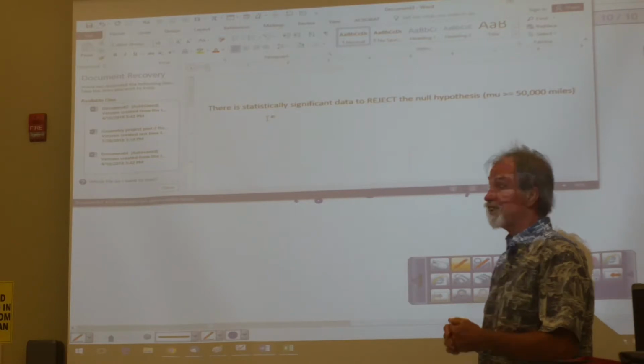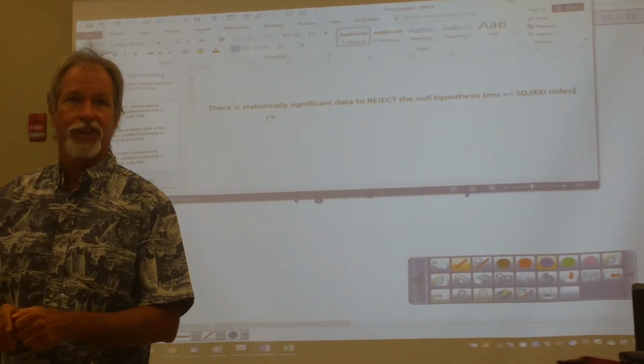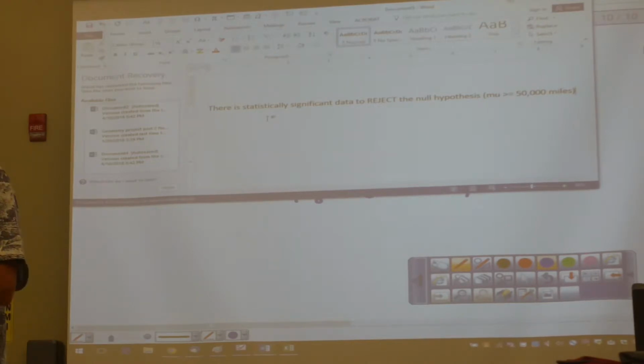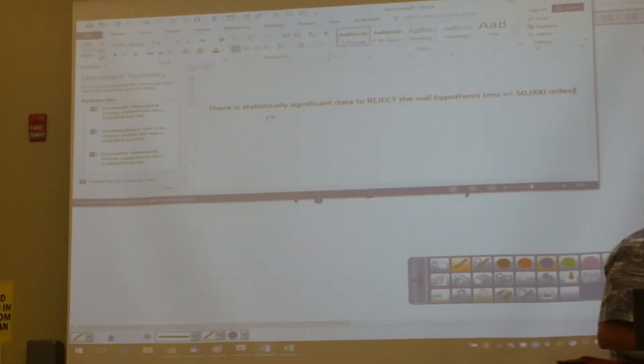There is statistically significant data to reject the null hypothesis that the mean mileage of the tires is greater than or equal to 50,000 miles.